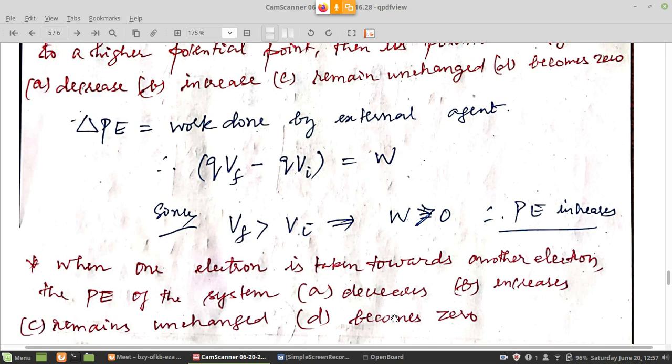For a system of two charges, that potential energy formula you have to use. That is the trick here.